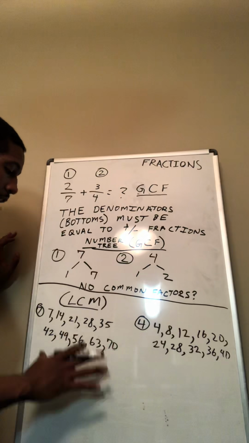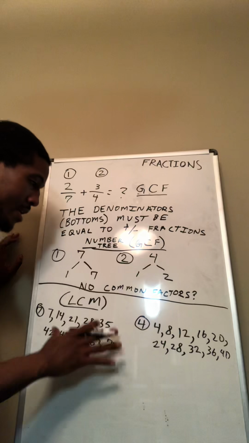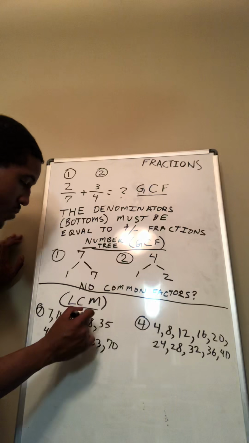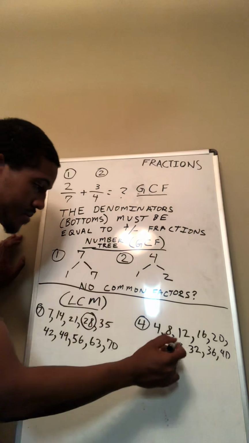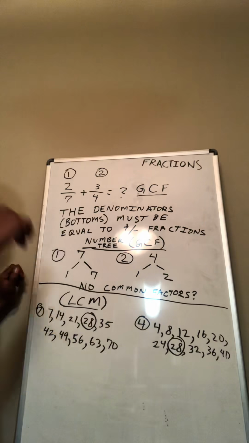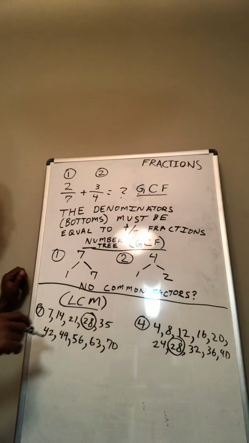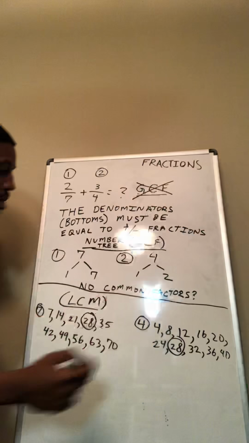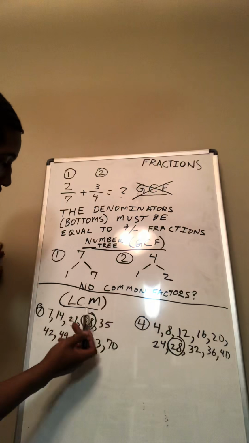So now we have to find the least common number between the two of them. So we would identify it as 28. Now we've identified in this problem, because the greatest common factor did not work, we used the method of the least common multiple.